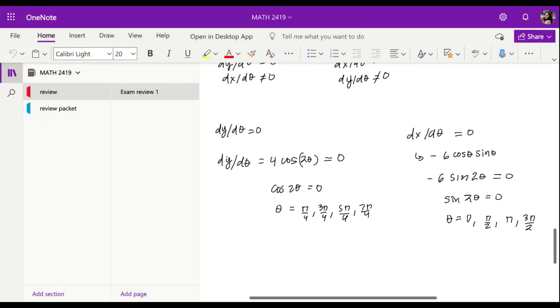And so now we can just plug in θ values to find coordinate points. So we have θ equals π/4.